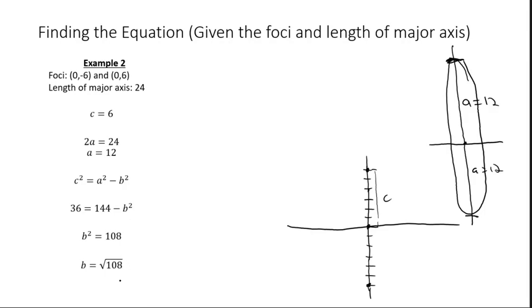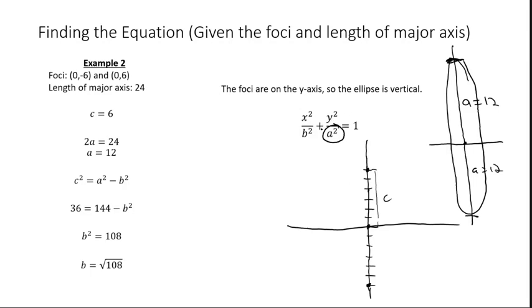And from this point, we can start putting together our equation. Because the foci are on the y-axis, so because it looks like this here, it's going to be a vertical ellipse. So the major axis is going to be vertical. When you do your equation of x squared over something plus y squared over something equaling 1, we know that because it's up and down, it's vertical, the larger number, the a squared, must go with the y term.